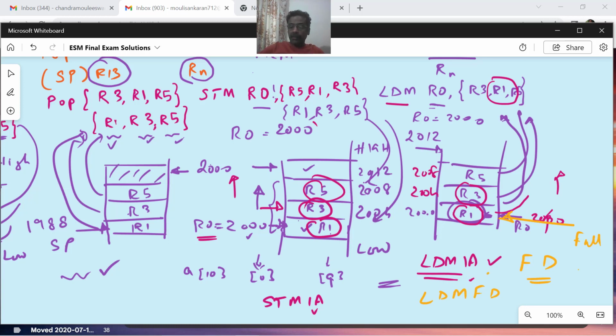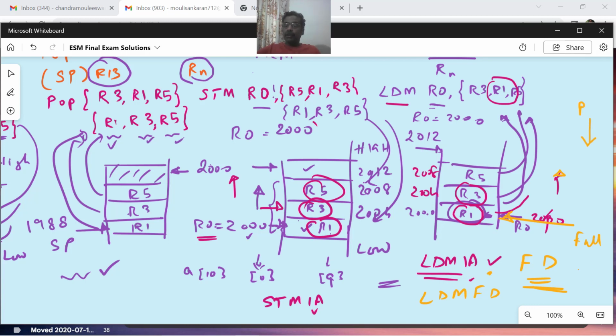It's okay. But for completeness sake, I'm going to explain this now. It is equivalent to popping, because you are loading from the memory into the register, and if it is a stack operation, the stack is going to shrink. Now, descending means the stack is growing towards the lower address, right?